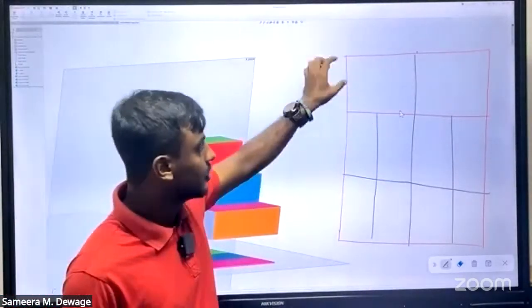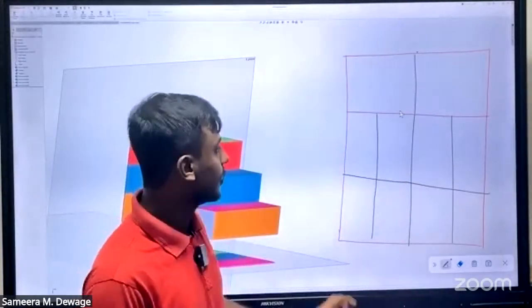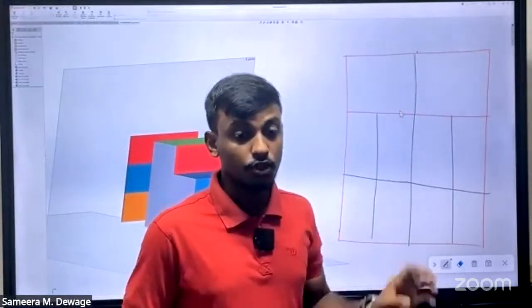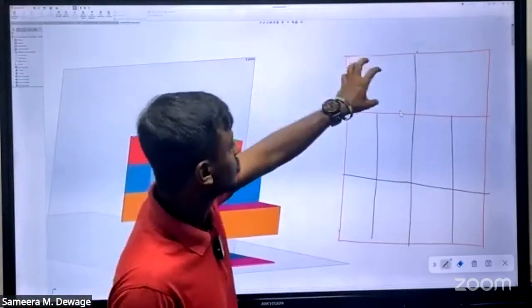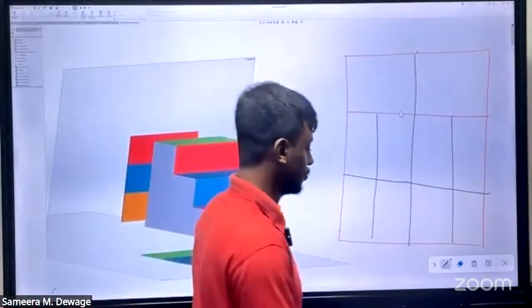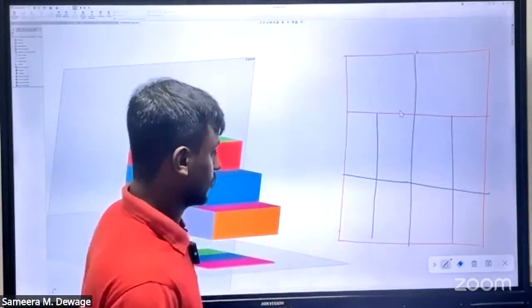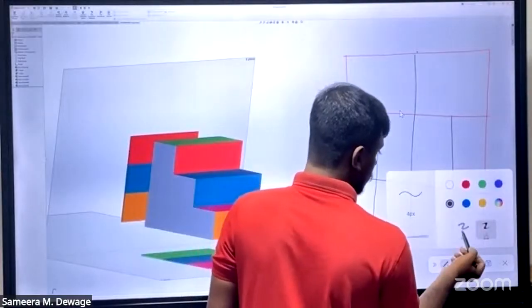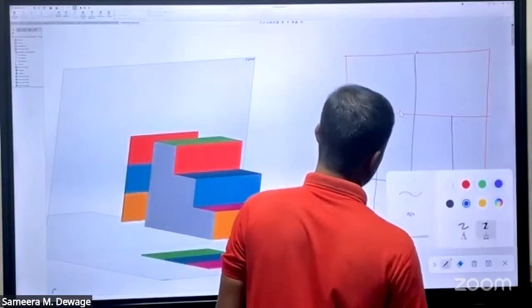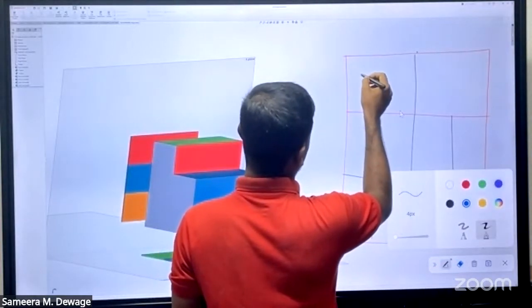So then you need to divide your graph paper like this, and in this space and this space, you need to draw this object.